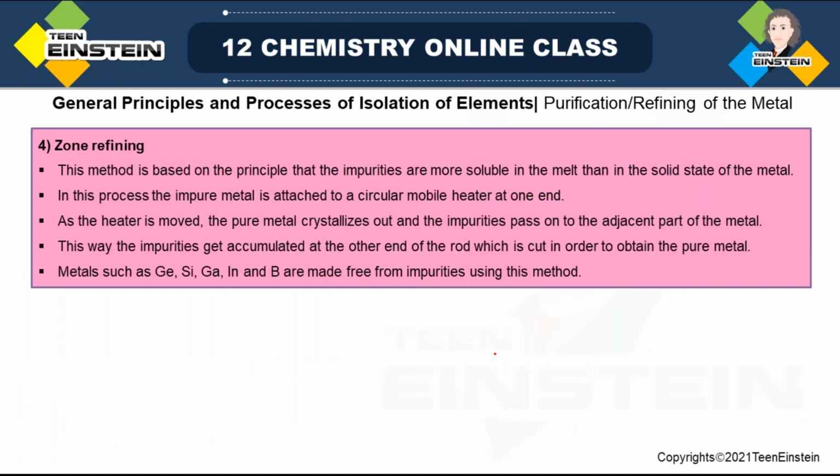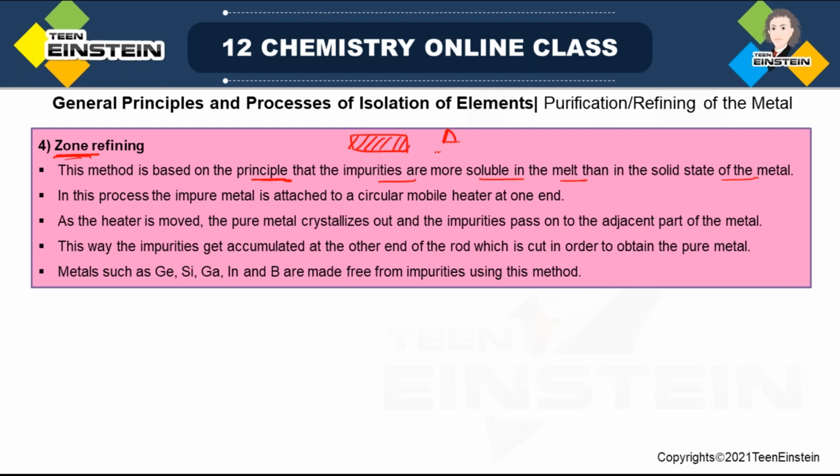Number 4th method, zone refining. We are using the term zone, that means zone specific refining. It is based on the principle that impurities are more soluble in the melt than in the solid state of the metal. Suppose you have an impure metal in solid form.